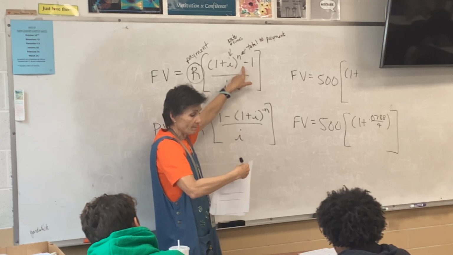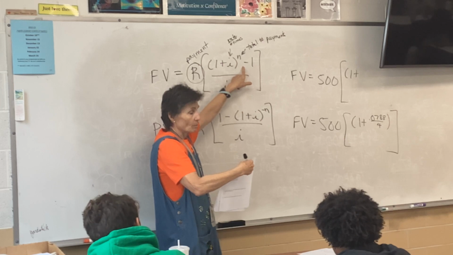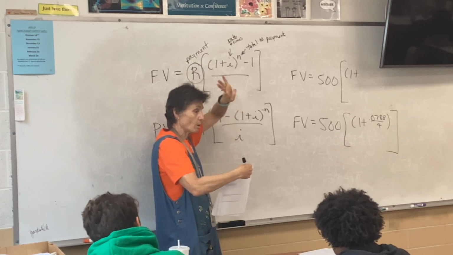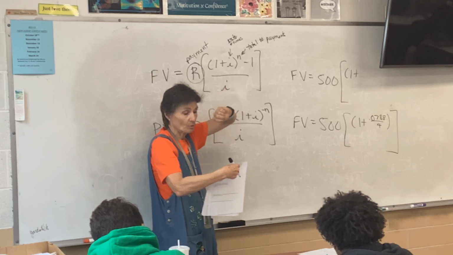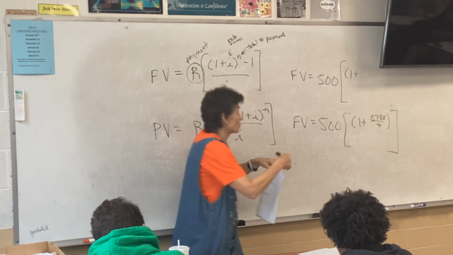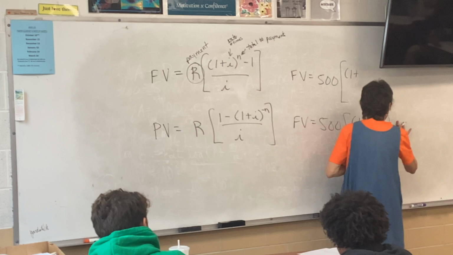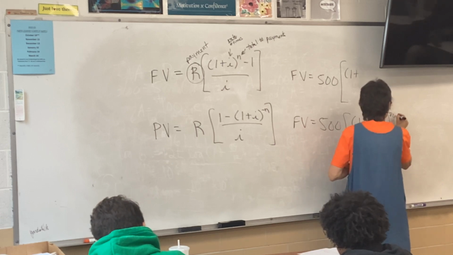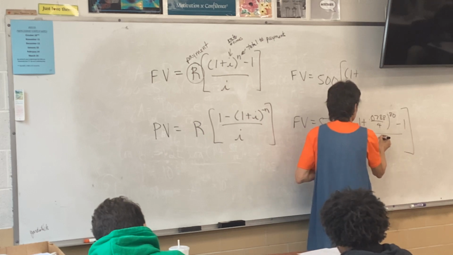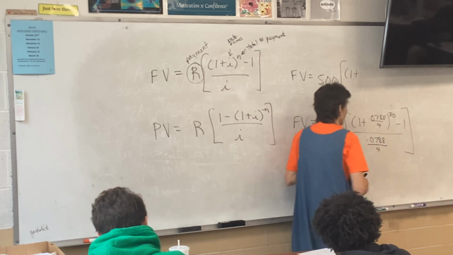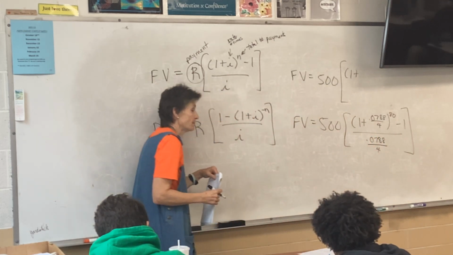Compounded quarterly. Quarterly means 4 times a year, right? And we're doing it for how many years? 20, so my exponent is 80 minus my 1. And my denominator, that's the same I as I had before, so it's 0.0788 divided by 4.